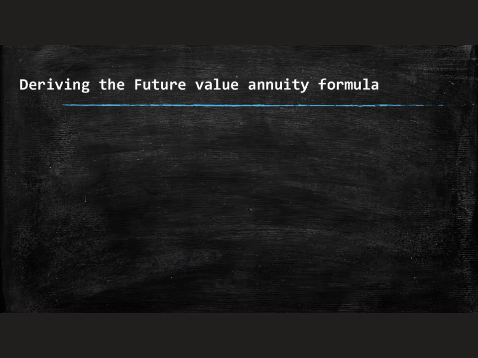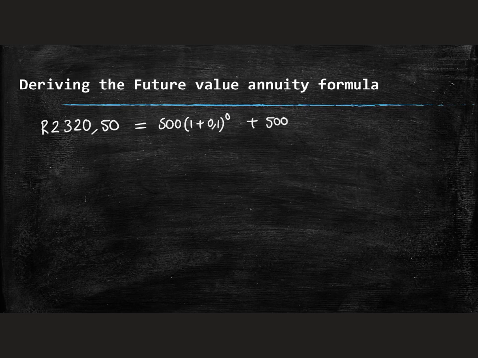Okay, so let's take the number we saw earlier, which was 2,320 Rand and 50 cents. That was made up of the 500 Rand that moved nowhere, the 500 Rand that had to move 1 time frame, a 500 Rand that had to move 2 time frames, and a 500 Rand that had to move 3 time frames.